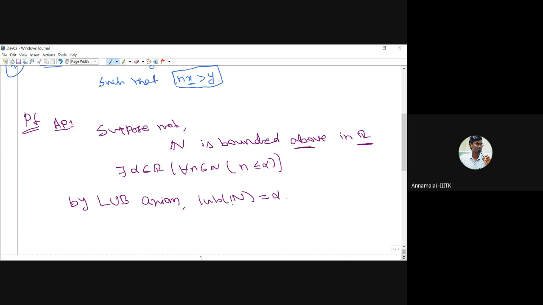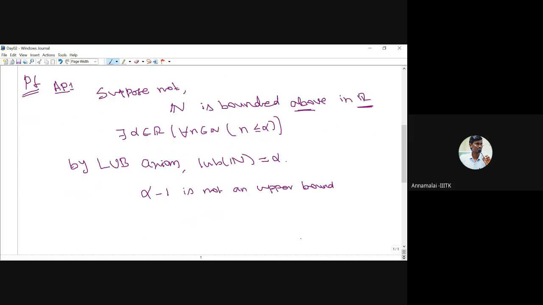So every natural number is less than or equal to alpha. If you consider alpha minus 1, since alpha is the least upper bound, removing some positive quantity, 1, gives a number that is not an upper bound of the natural numbers.